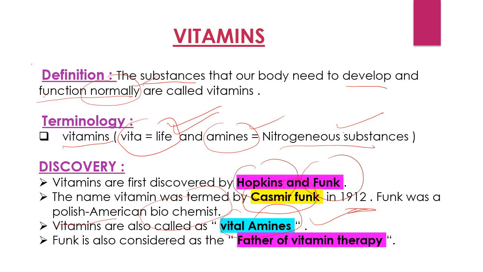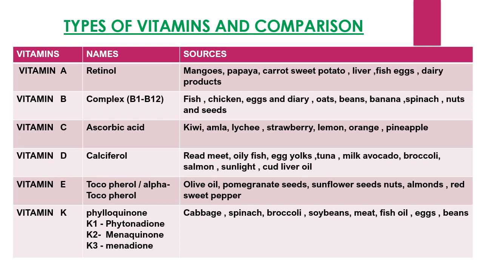Move to the next slide. Now have a comparison among the vitamins. Look at vitamin A. The name of vitamin A is retinol, and its sources are mangoes, papaya, carrot, sweet potato, liver, fish, eggs, dairy products, etc. There are so many varieties of vitamin B, so that is called vitamin B complex.